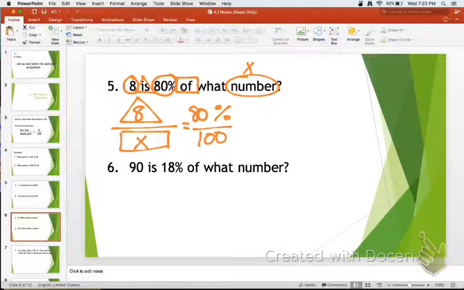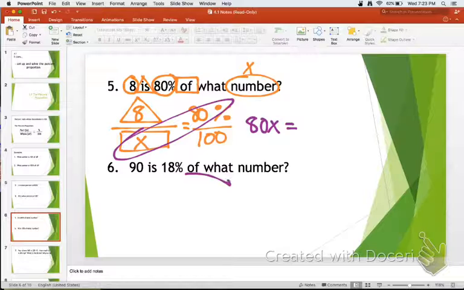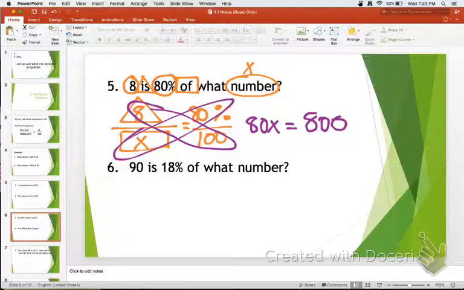As you probably figured out, we're going to cross multiply again. So 80 times x gives me 80x equals 8 times 100, and that is 800. I know the opposite of multiplication is division, so I'm going to divide by 80 on both sides. I type this into my calculator, and it comes out with a lovely number, 10.